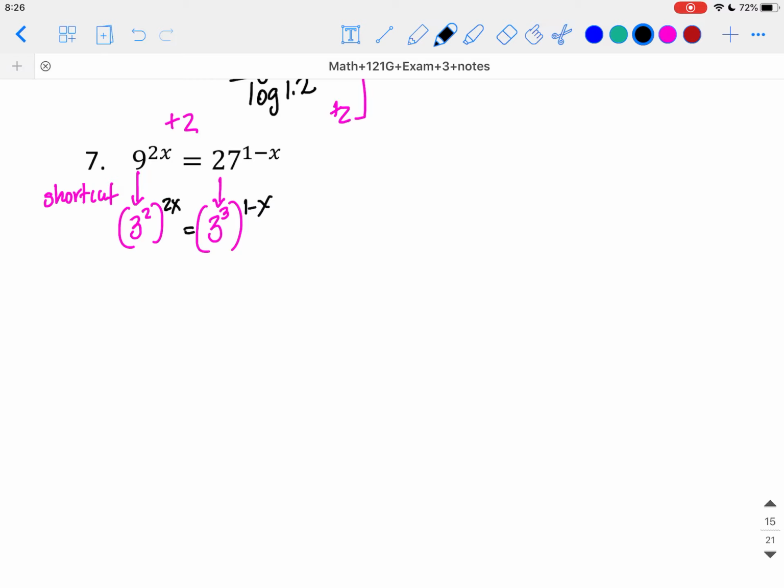And since here again the bases are the same, exponents should equal each other.